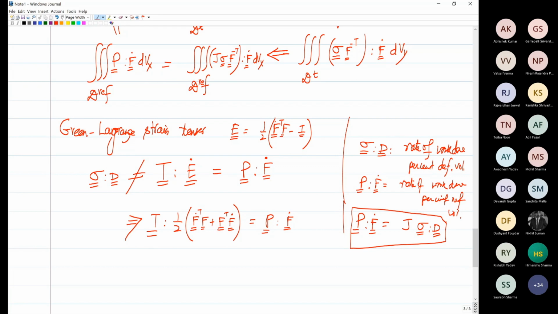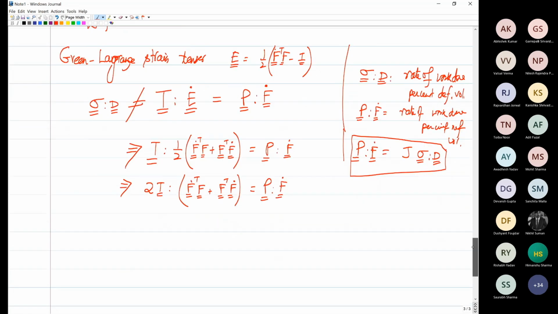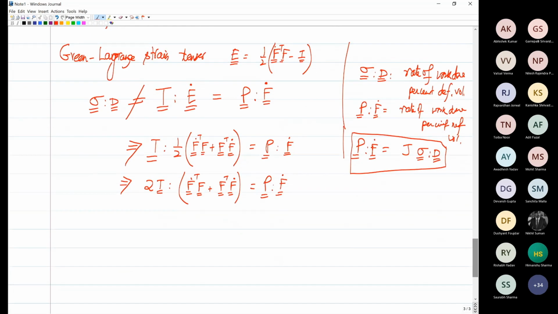Okay, so now we have to think of what is this going to become. So it is then T double contraction F dot transpose F plus F transpose F dot, and that's equal to P double contraction F dot. So can anyone tell me what we are going to get? So maybe we should switch back to indicial notation, okay, and see what we have. Sorry, it was half, no, it is not 2T, it is half T. It is T by 2.